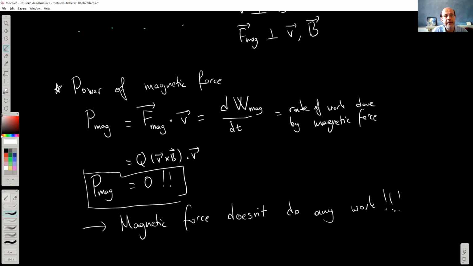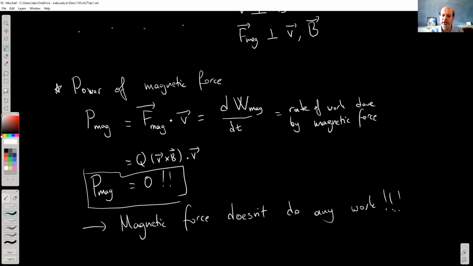This is striking and physically confusing as well, because later we are going to see that the field itself has energy. And sometimes this energy is transferred to the charged particles. But energy is not directly transferred by the magnetic force.